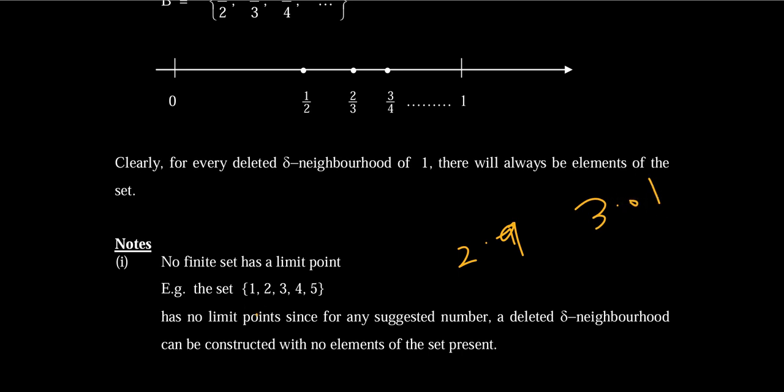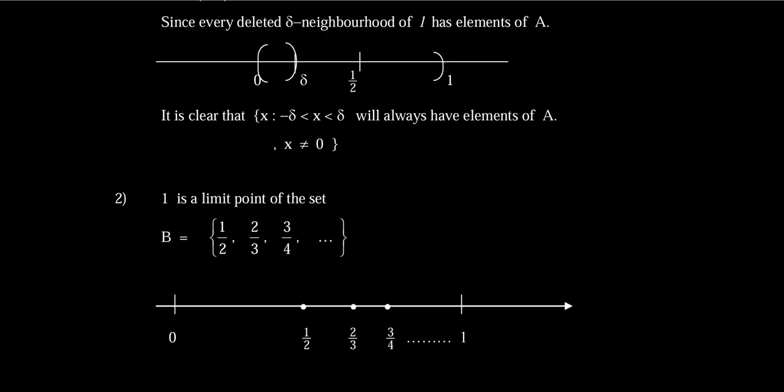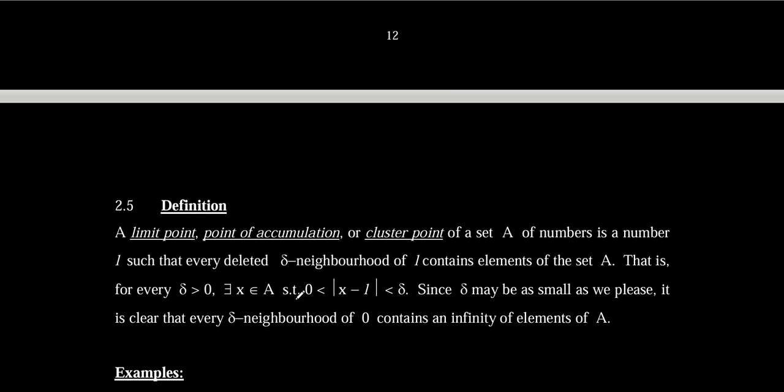You realize that this is a finite set. There was no 2.9 inside, there was no 3.01, right? So this set can't have that limit point. Remember, delta has to be small enough to satisfy this condition.